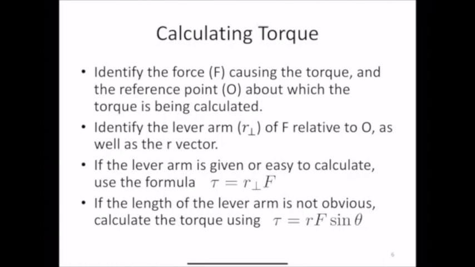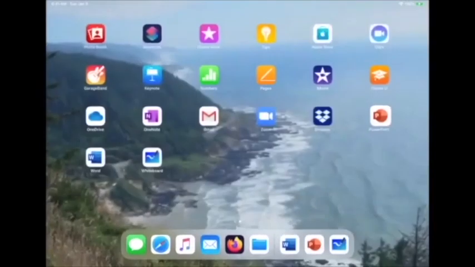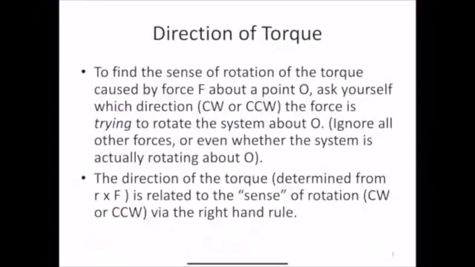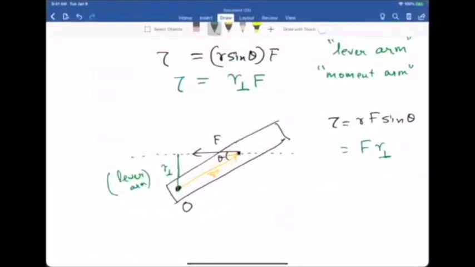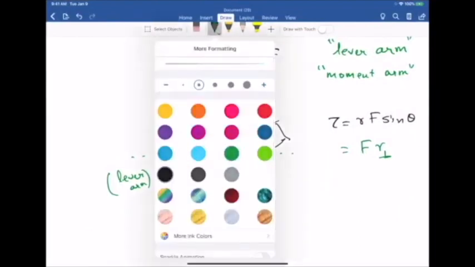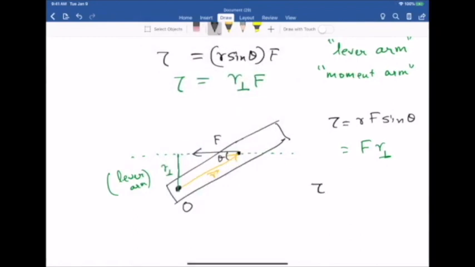Right? Okay, now I'm just going to briefly talk about one more thing here, which is the direction of the torque. Okay, so let's go back to our drawing here. So you might have noticed that the torque is a vector. So torque is R cross F if you write the full vector form.